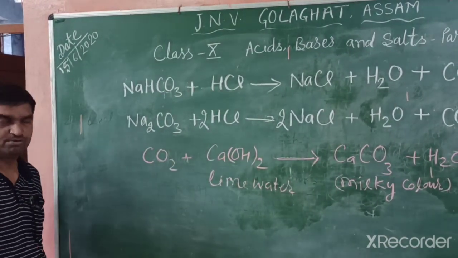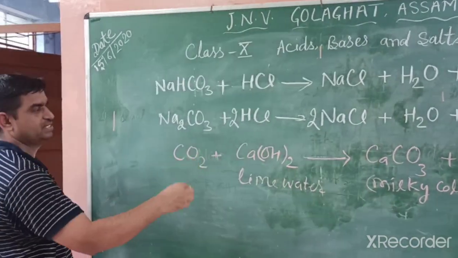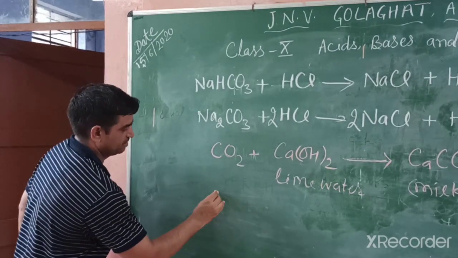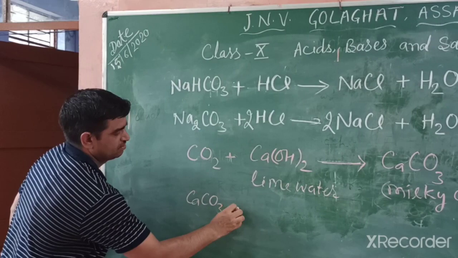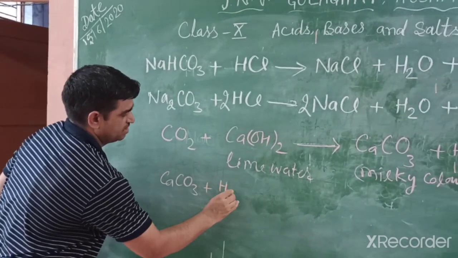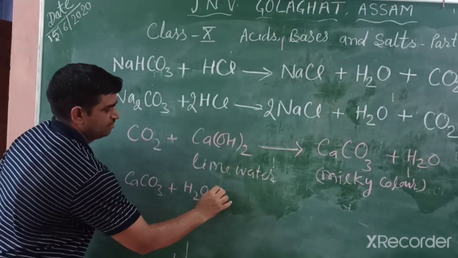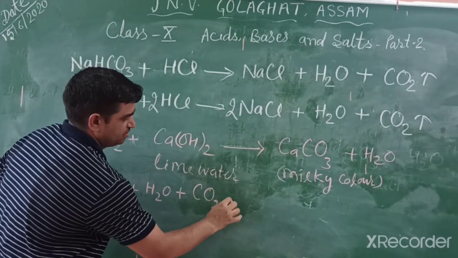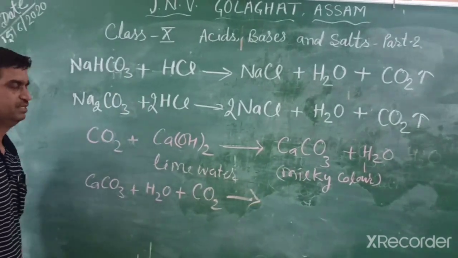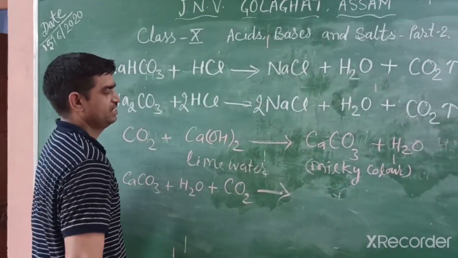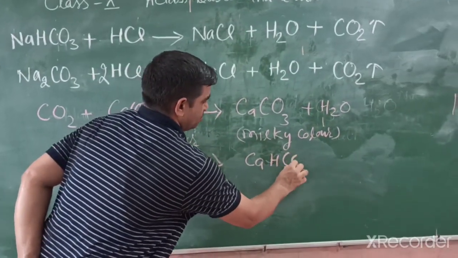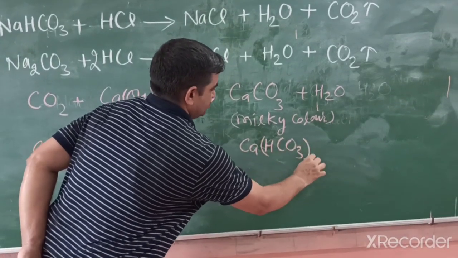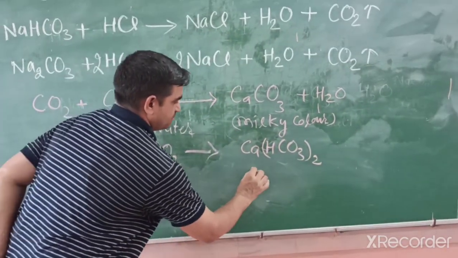If we pass this gas for a long time, the milky color disappears. This calcium carbonate plus water plus CO2, if you pass for a long time, then what happens? The milky color disappears. Hence it converts into calcium hydrogen carbonate, which is colorless.